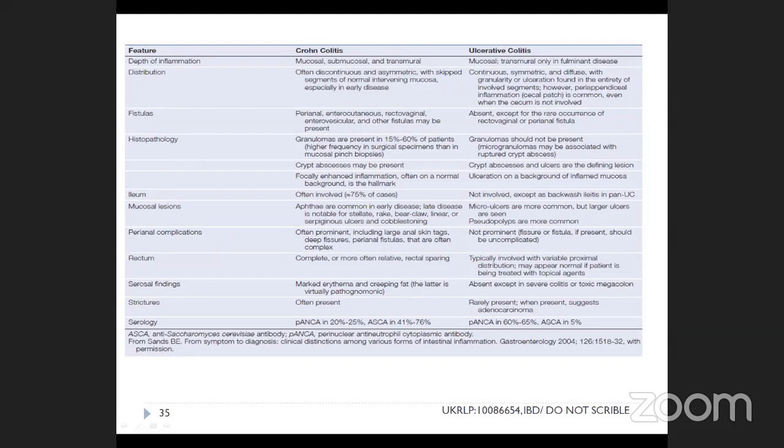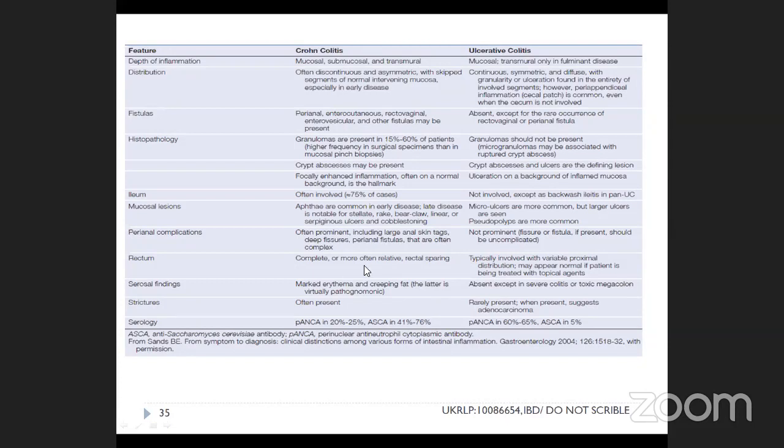Histopathology, as I said, shows granulomas, especially non-caseating granulomas, in Crohn's, and in ulcerative colitis the crypt abscesses are more common. Crypt abscess and the ulcers are extensive. Ileal involvement is more common in Crohn's disease. Mucosal lesions and perianal lesions are again more common in Crohn's disease compared to ulcerative colitis.